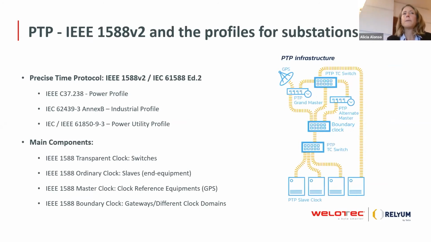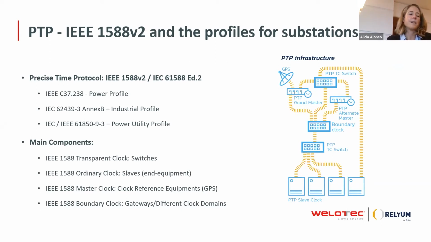So after talking about PRP and HSR, I will talk a little bit about PTP, precise time protocol, which is many times related with the other networking protocols, and you can almost always see them together in substation networks.